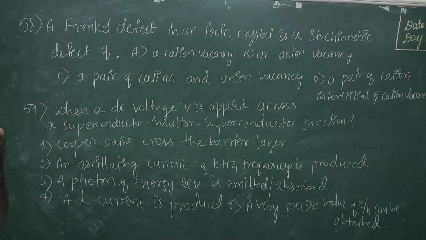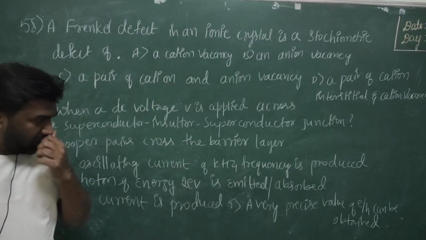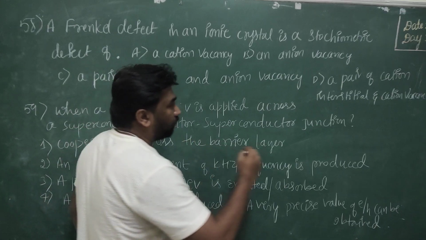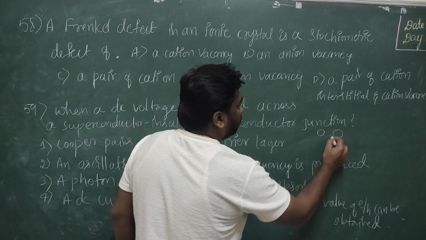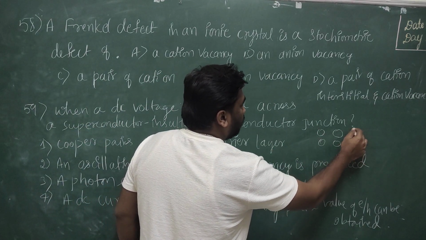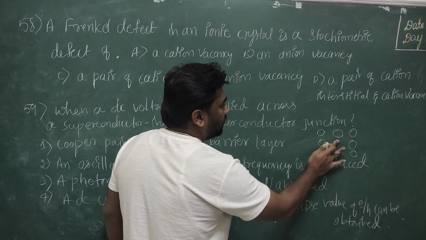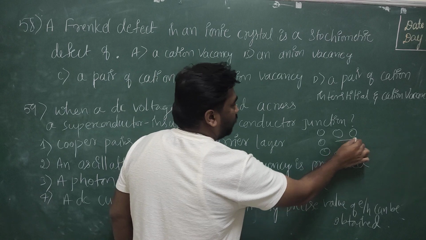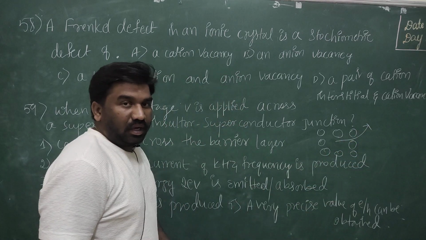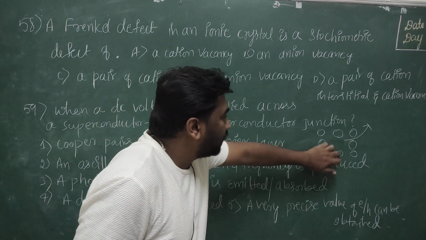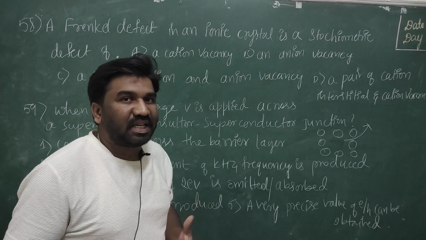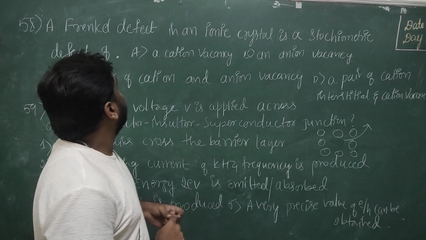See, Schottky defect means, if this is the lattice structure, an ion is missing. It moved from this position to somewhere else, and a vacancy is created. So that is the Schottky defect.